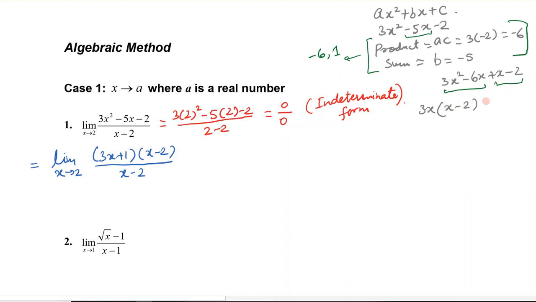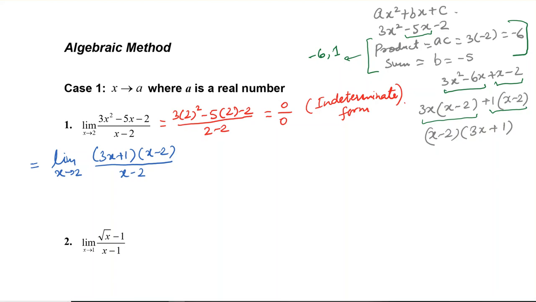In the second grouping, the common factor is 1 and you get x minus 2. Now we have two terms, and in both you have x minus 2 as a common factor. Bring the common factor out, and inside you're left with 3x plus 1. So this is how we factorize it.